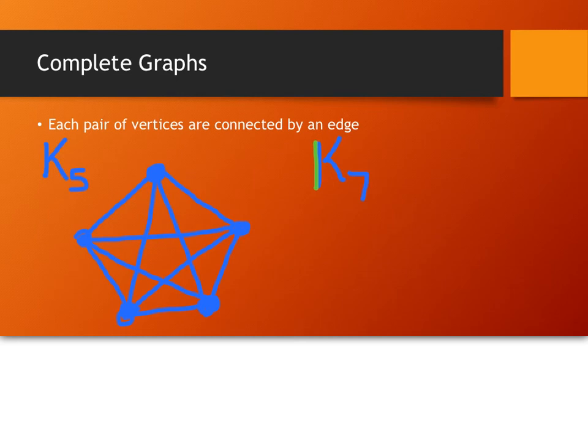K7. I'm going to draw this with a green, I think. Well, same deal. Make all the connections. Sometimes it's a little bit harder when you have higher degrees to make sure that everything is there. So I got 7 vertices. Maybe I'll draw these dots a little bigger too. So to draw the complete graph on 7, go around first.